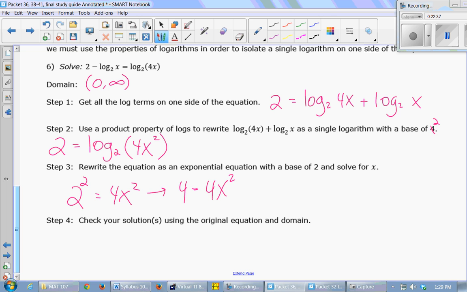Divide both sides by 4, and I get 1 equals x squared, which means that x equals what? Plus or minus 1. But what about the domain? Can't be negative, right? The only x's that I can put into this equation are positive, so that negative 1 is extraneous.